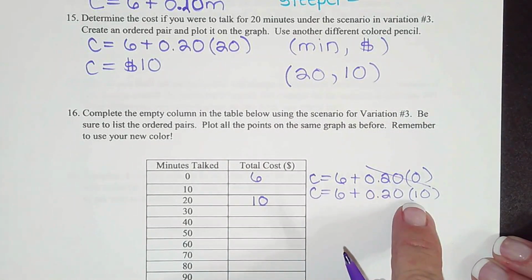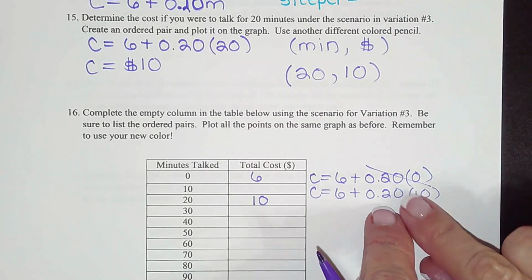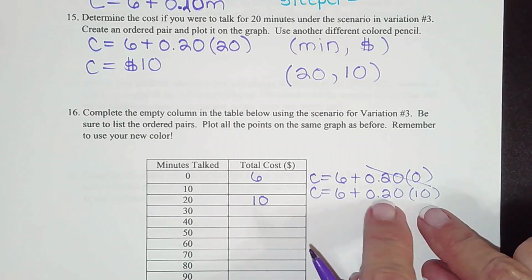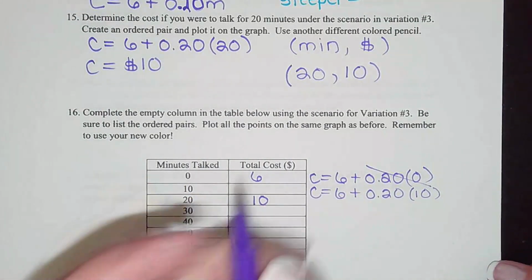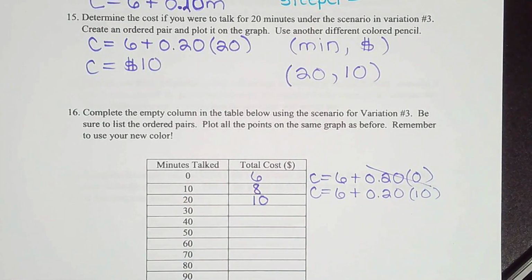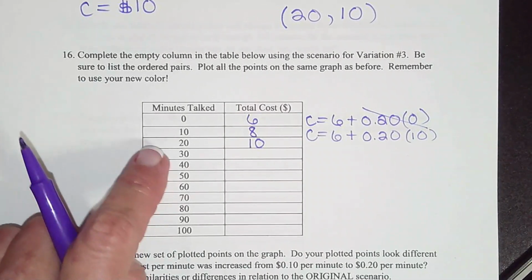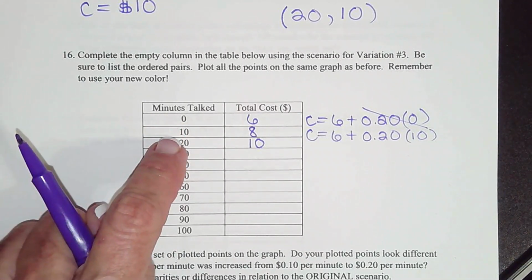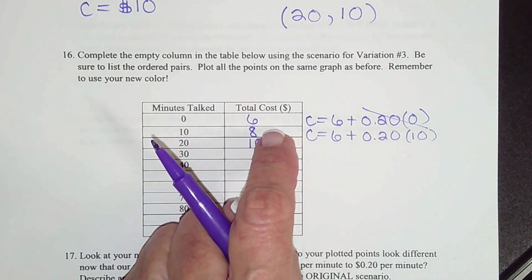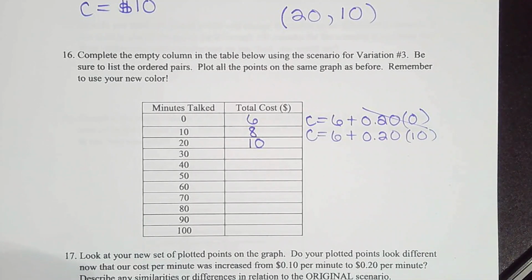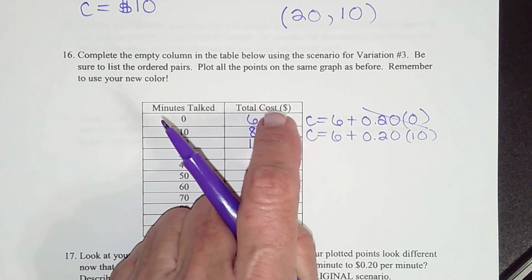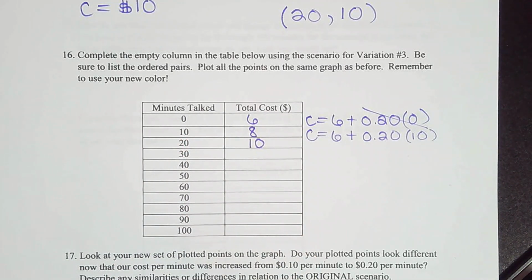So I'm just going to do it in my head to save time. So 10 times 20 is 200. Move the decimal over. That's 2. So that would be 8. So now I've established a pattern. I can see for every 10 minutes talked, the total cost is going to go up $2. For every 10 minutes we talk, the cost will increase by $2.